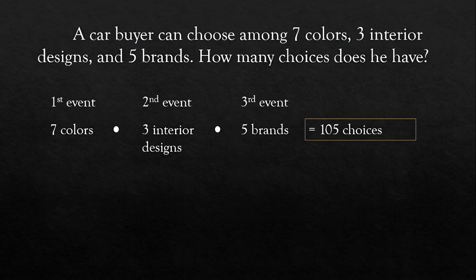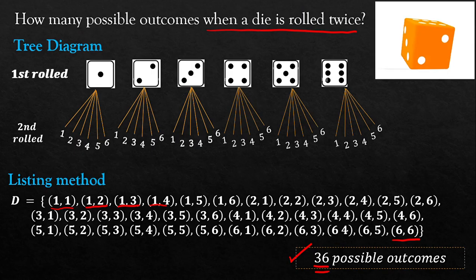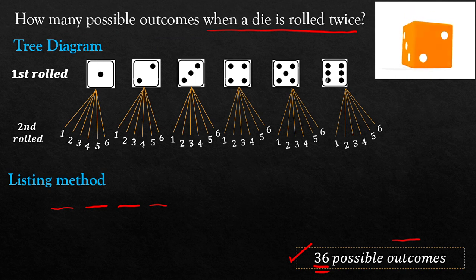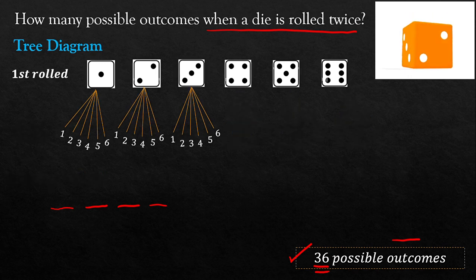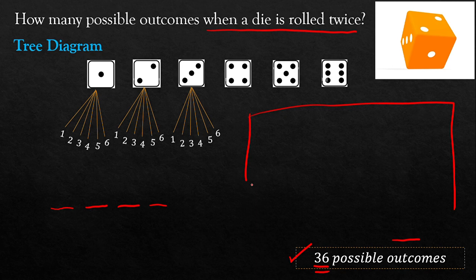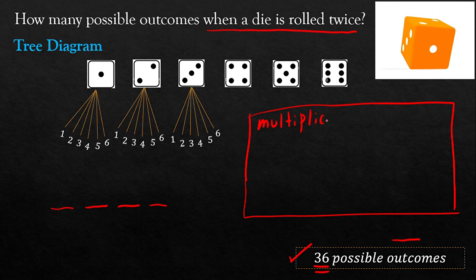Just like this one, how many possible outcomes are there when a die is rolled twice? You can use the multiplication rule. You can count all the possible outcomes by just multiplying.